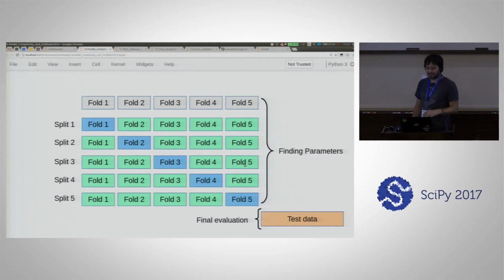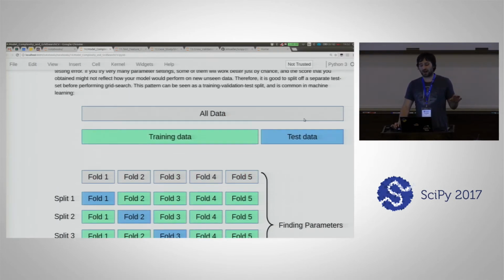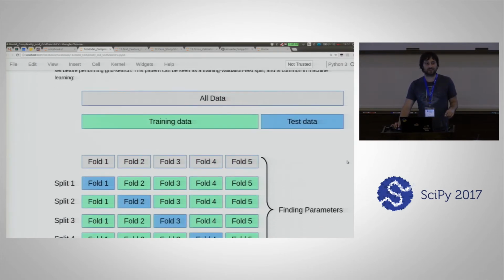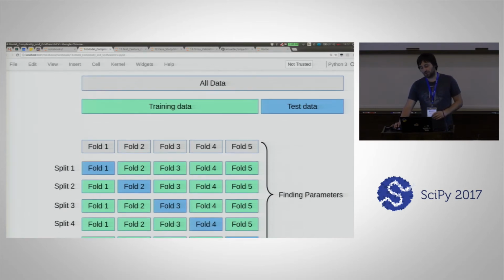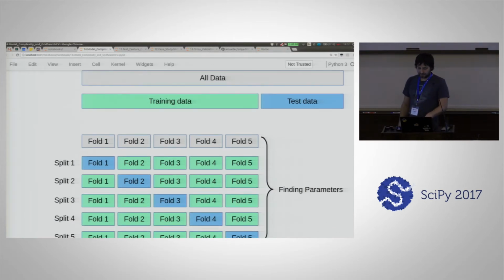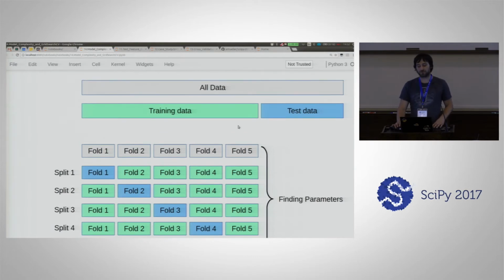The question is, did we end up where we started? Kind of, because we are now using a single split into training and test data in the outer loop. So if you want to go crazy, you can replace this outer loop by another cross-validation, and then you call it nested cross-validation.